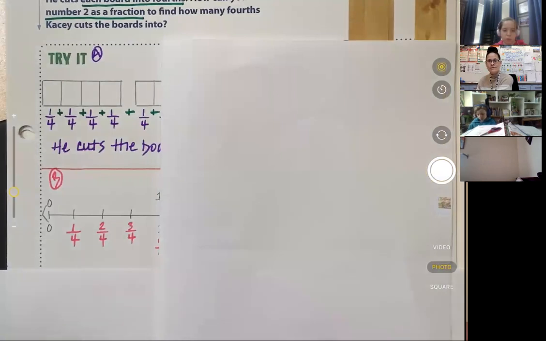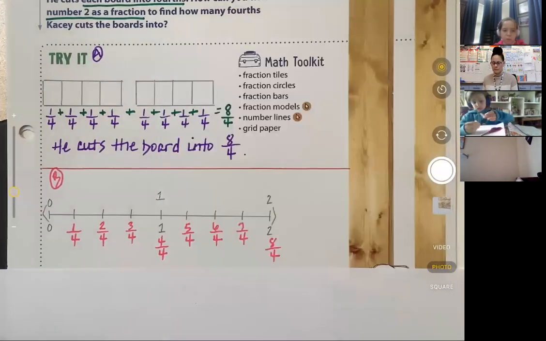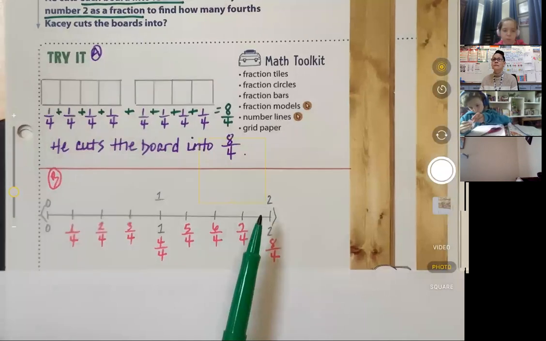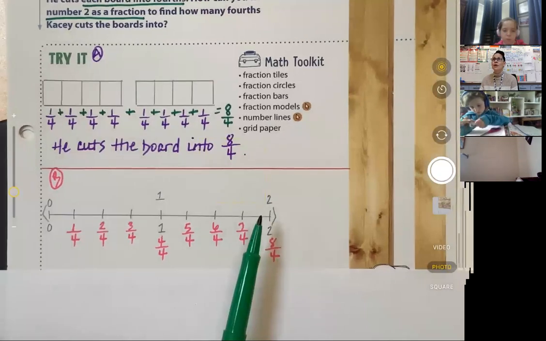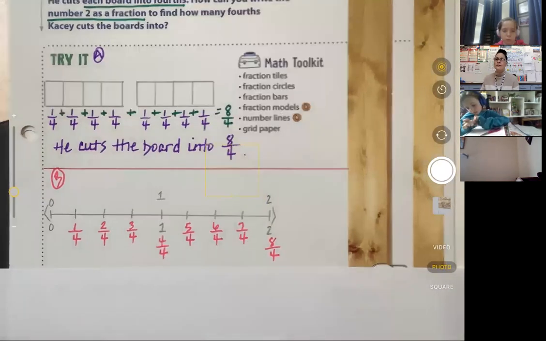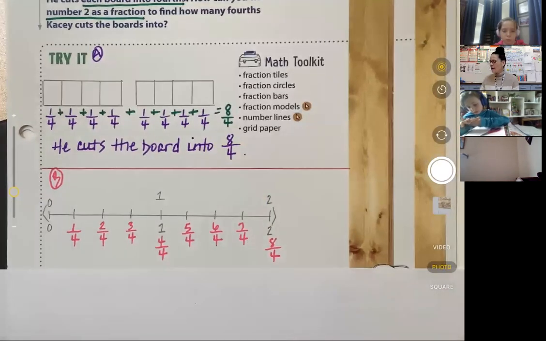Well, now we have more than 1, friends. Now we have 2 wholes that we're working with. Could it be 3? Could it be 5? Could it be 10? Of course it could. But right now, 2. Just 2.